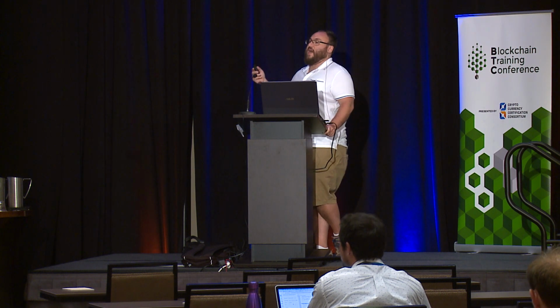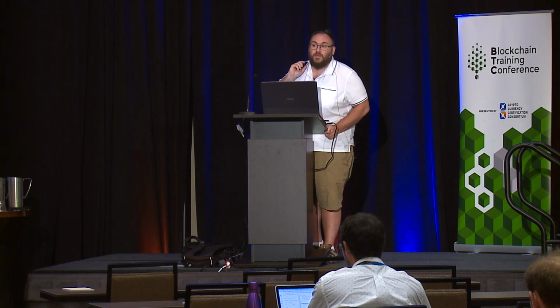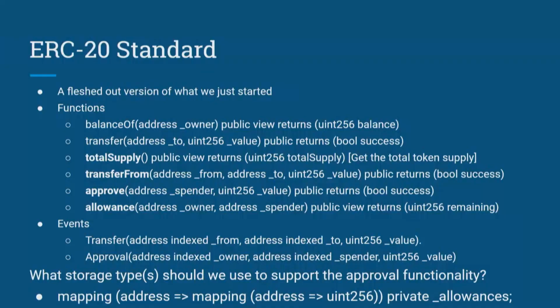So mapping from address to address and another mapping? Yes. Sorry, I didn't hear you at first, but yes. So it's going to be, right, the from address to another mapping, which is the to address to the amount. So like in this case, it would have been an entry where Alice is the first key, Bob is the second key on the submap, and then 100 tokens.